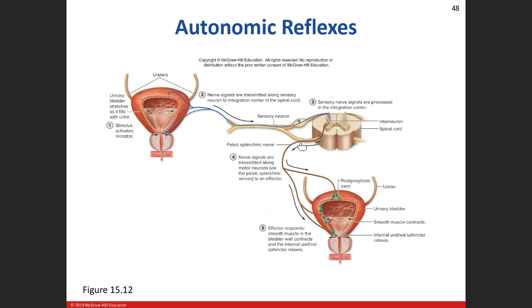Then it's going to stimulate that motor neuron to send motor information down to the walls of the urinary bladder. The smooth muscles there will start to contract, while at the same time it's going to stimulate the internal urethral sphincters to relax. So urine can then move out of the bladder. This right here is going to be your skeletal muscle. That's where you're going to be able to control when and, hopefully, where you're going to urinate.